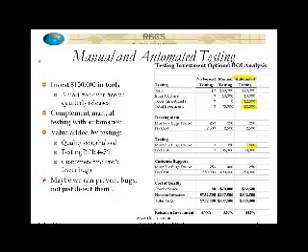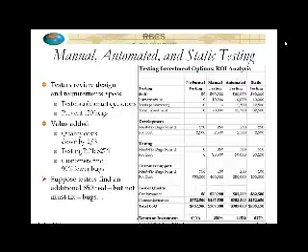Now, let's suppose we come to the realization as testers, test managers, that, hey, we actually could do some smart stuff with respect to getting rid of bugs before they even become bugs in the code. So we can introduce static testing.